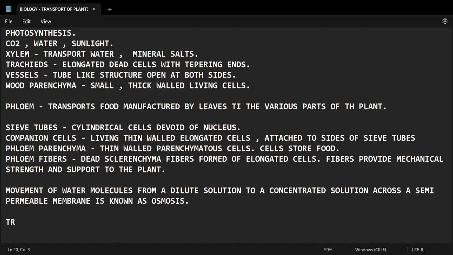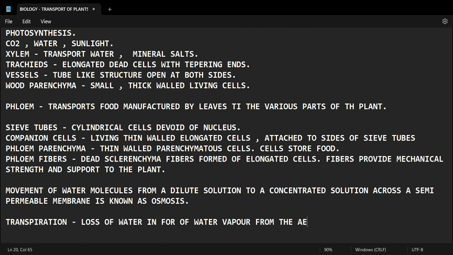Now, what is transpiration? It is a loss of water in the form of water vapor from the aerial parts of the plant.